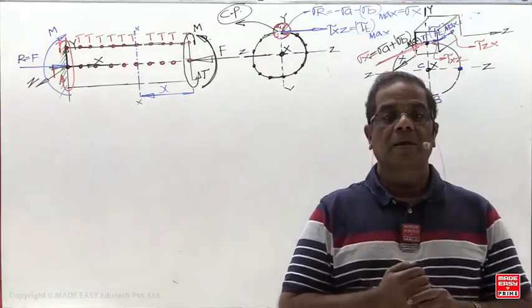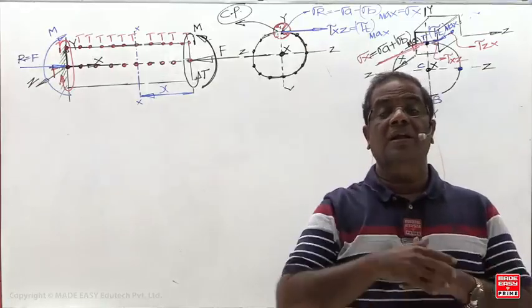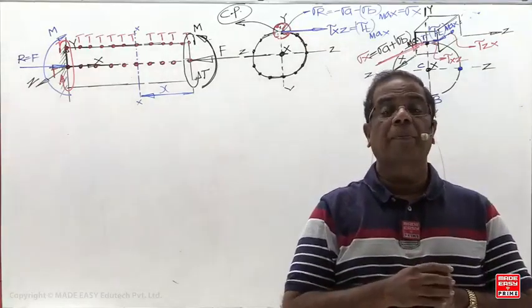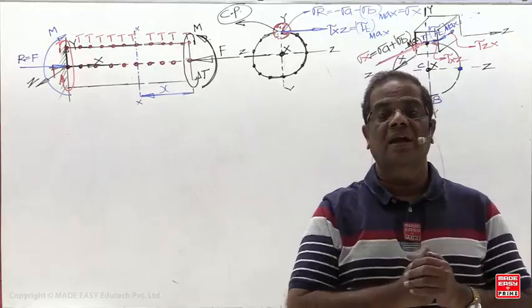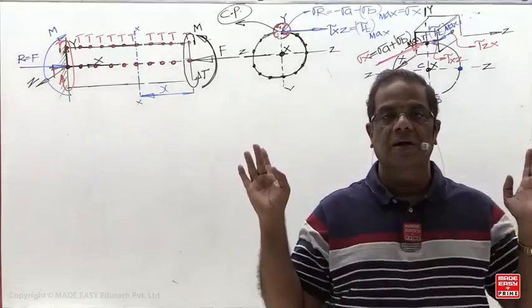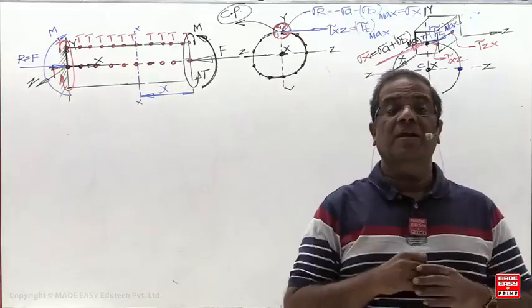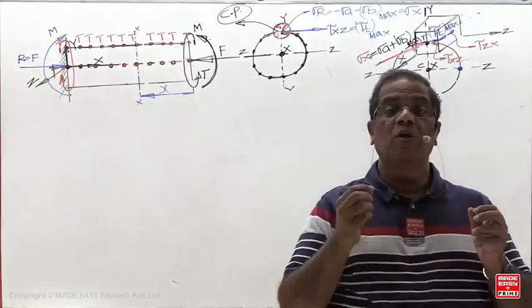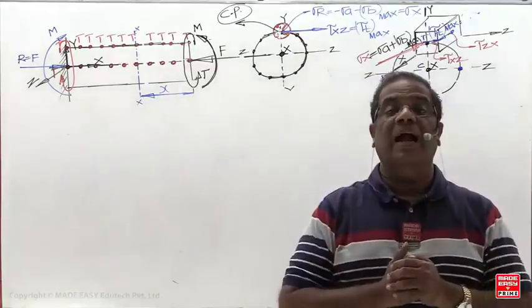Next: extreme top and bottom are critical when axial load and bending are both acting simultaneously. Once again, this is incorrect. Extreme top and bottom are critical only when bending is acting alone.